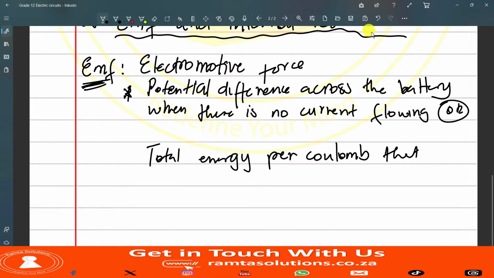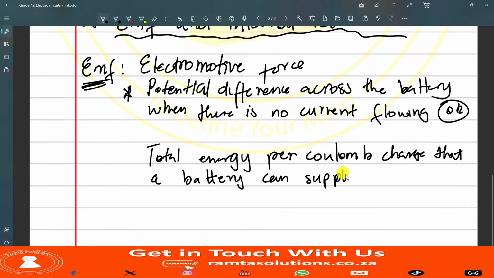Per coulomb charge that a battery can supply. I'm going to leave it here. These are the only two definitions I'm going to give, okay?